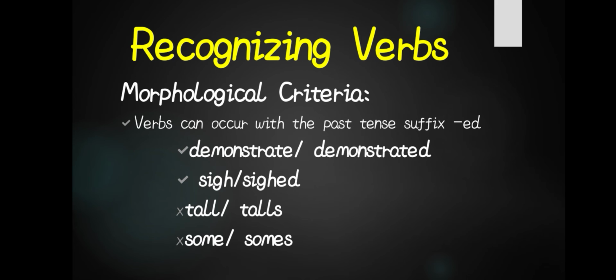Verbs can occur with the past tense suffix ed or d. For example, demonstrate can become demonstrated. Sigh can become sighed. Tell, told, not possible. Sum, summed, not possible. That means if you cannot add ed or d, it is automatically not a verb.